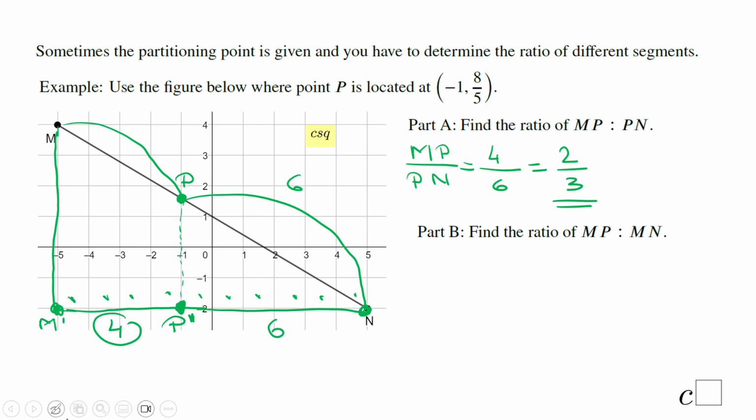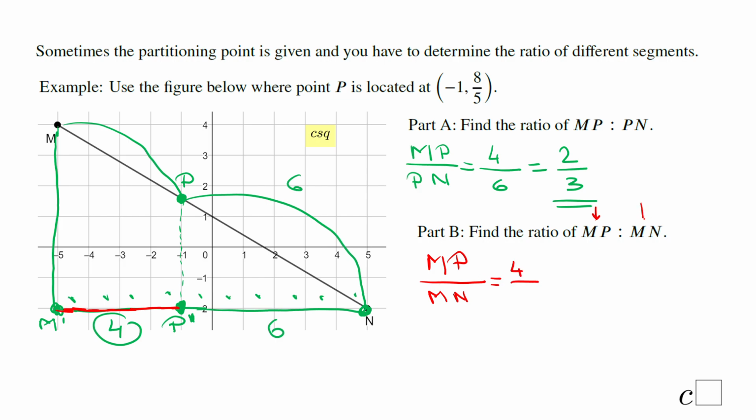Part B, we need to find the ratio MP over Mn. And again, we're going to use the graphical approach. MP, this MP goes with this corresponding segment, which is 4.